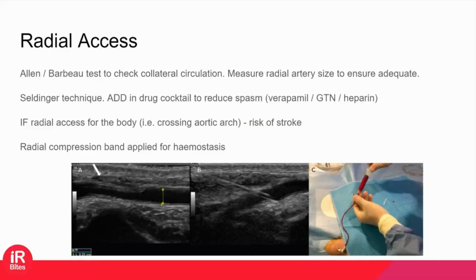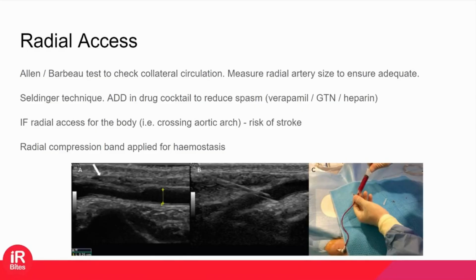You tend to give a cocktail of 3 drugs: a calcium channel blocker, GTN, which is a vasodilator, and heparin, which is an anticoagulant, to try and reduce blood clots. That is sometimes called a radial cocktail. You just mix it in a syringe and inject it slowly, because otherwise patients can experience stinging as you inject it. So the whole reason for that is to try and prevent vasospasm, which is obviously not ideal.